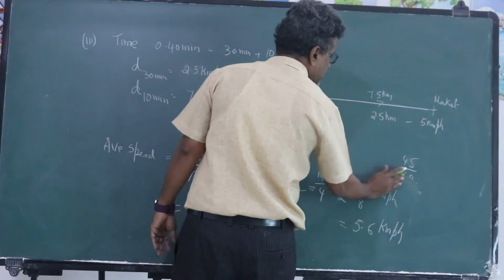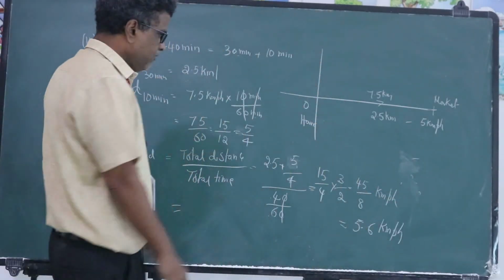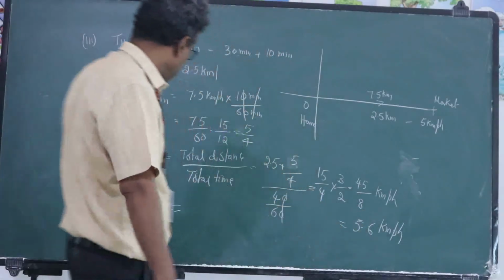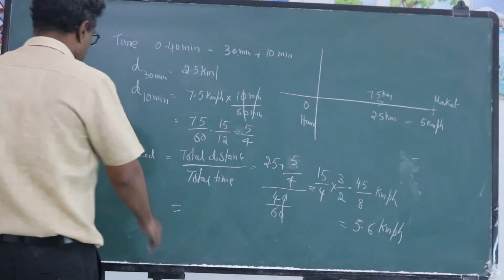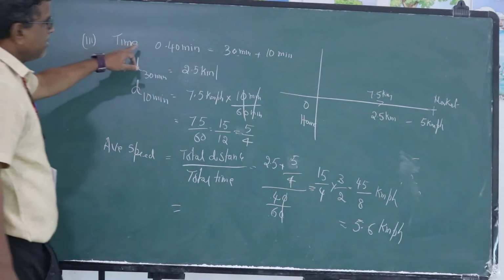So 45 by 8, nearly 5.6 kilometers per hour, is the average speed over the time interval.